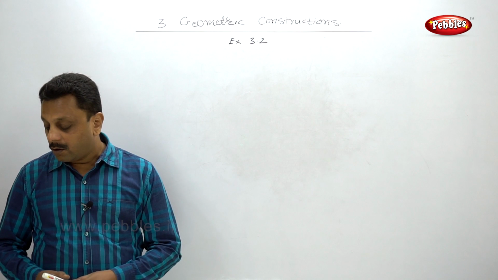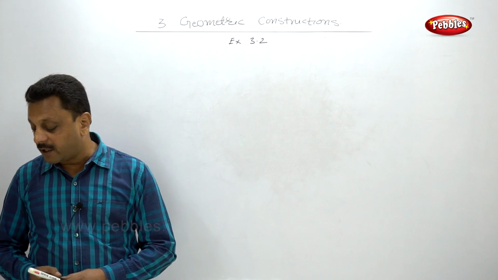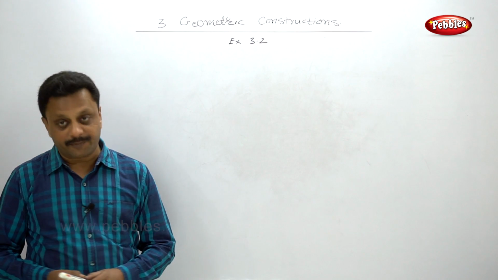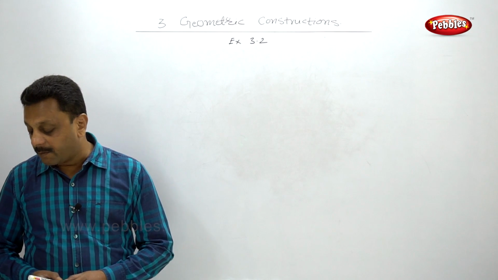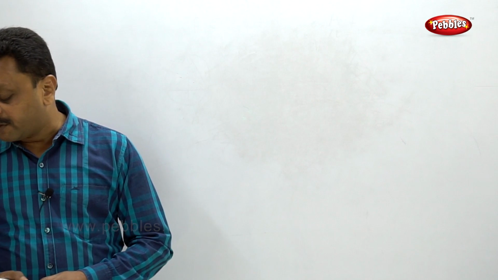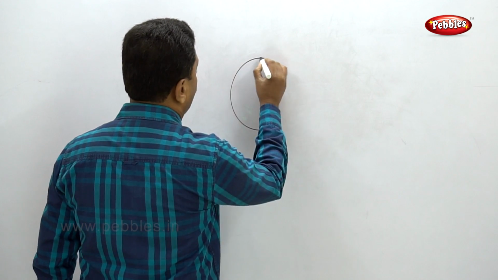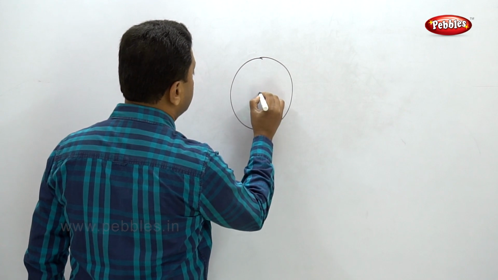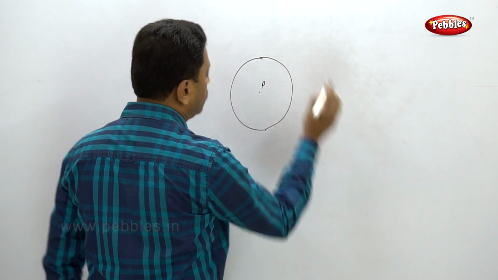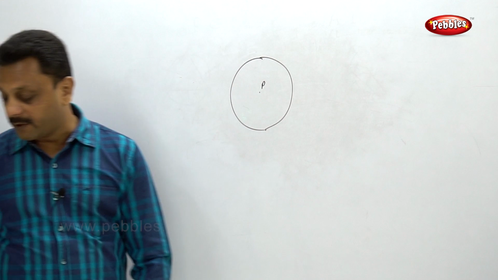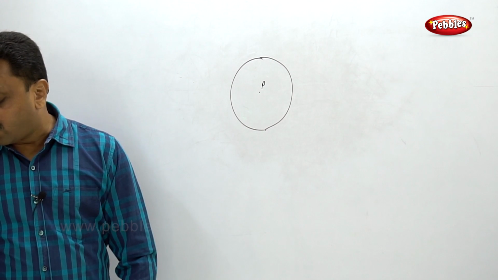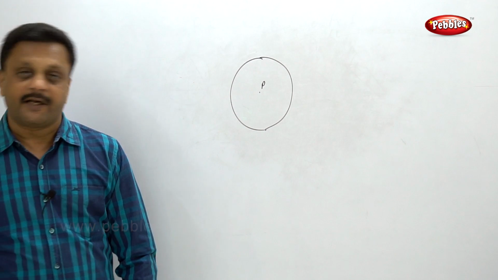Fourth one, draw a circle with center P and radius 3.1. Draw a chord MN. Let us draw the rough figure first. So we have drawn a circle with center P and radius 3.1. Draw chord MN of length 3.8.